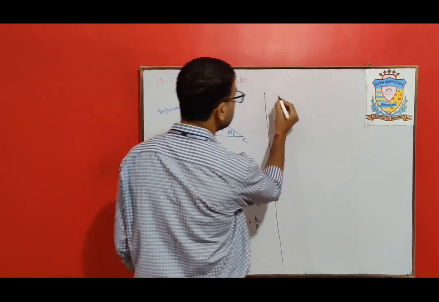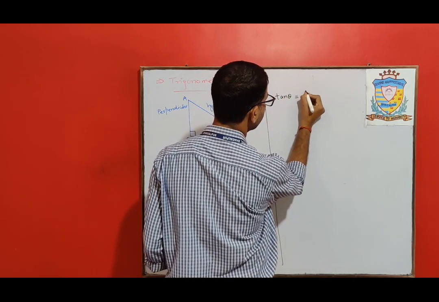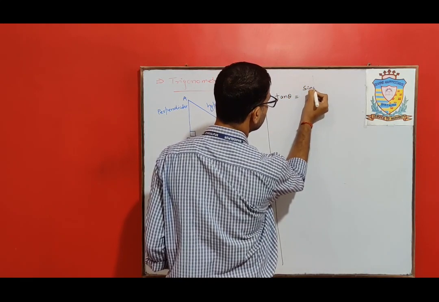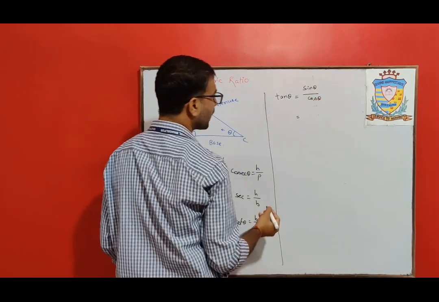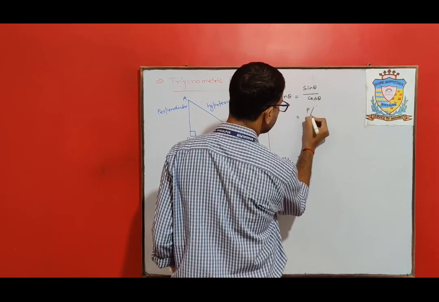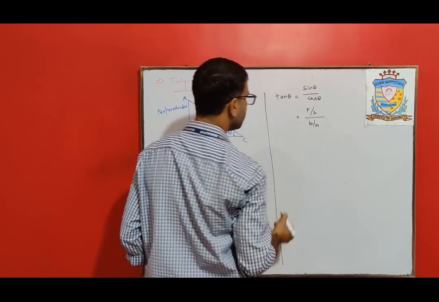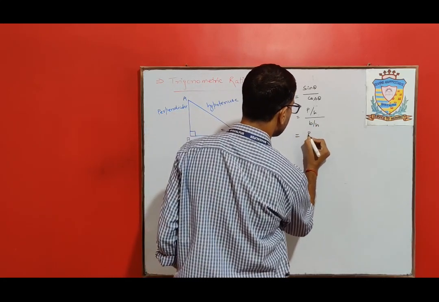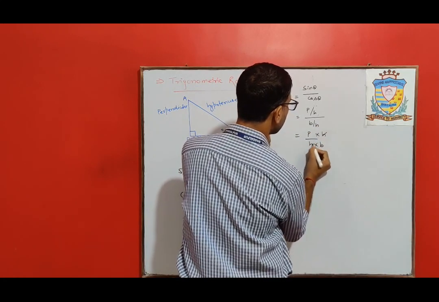This tan theta can be written as sin theta upon cos theta. Sin theta can be written as perpendicular upon hypotenuse, and cos theta can be written as base upon hypotenuse. So this can be written as perpendicular into hypotenuse upon base into hypotenuse.